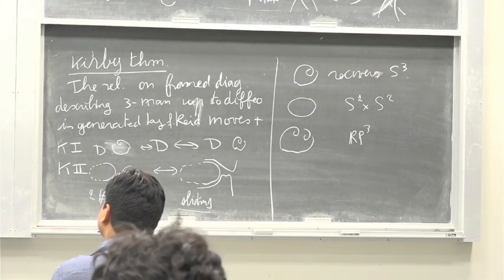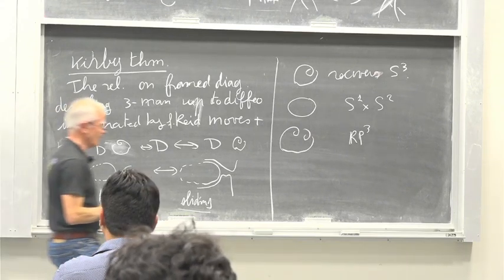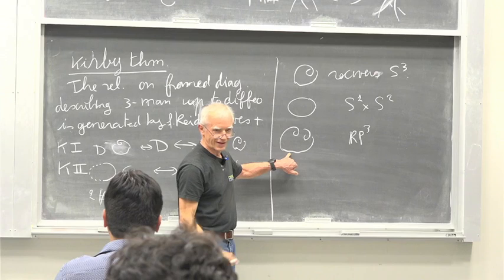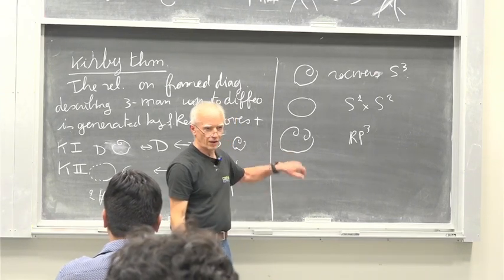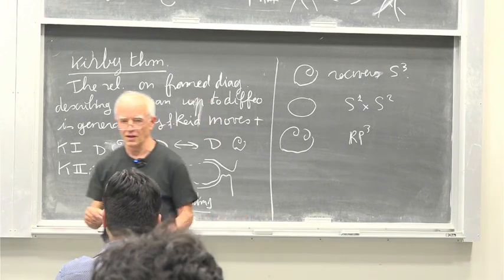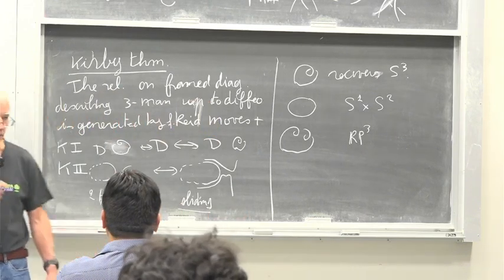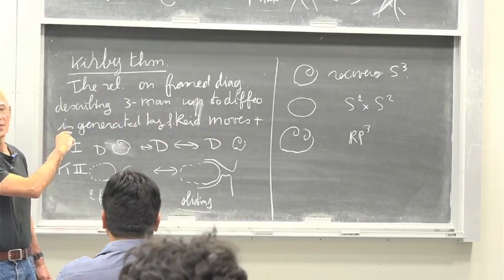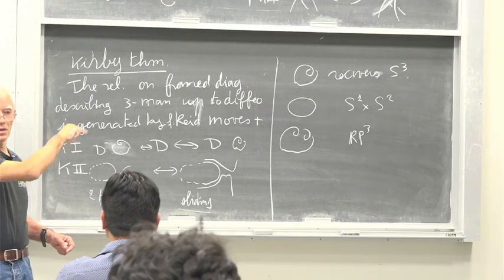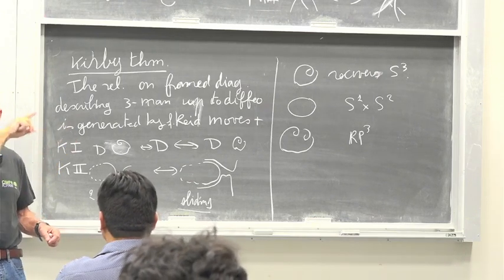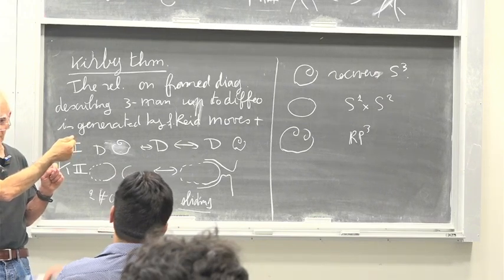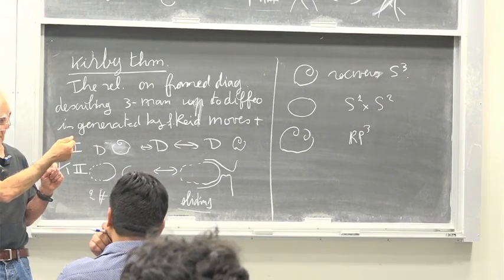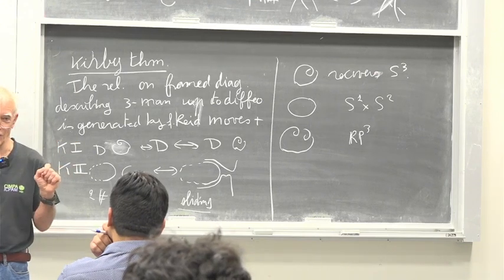So when I say this is a surgery knot, I mean I will associate to this the manifold which is obtained by taking a thickening of this, removing the interior of the solid torus, and gluing back differently. I'm drawing three-manifolds, compact three-manifolds.